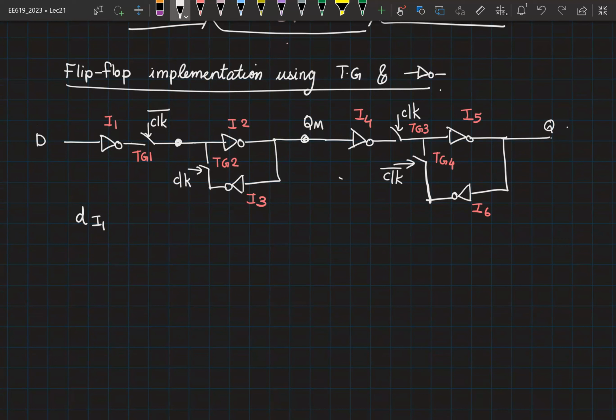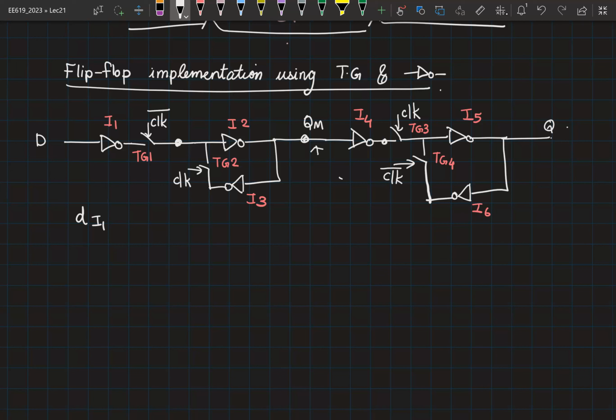So D to QM, is that sufficient? D to I4. Why I4? Okay, but if it reaches till QM, then you are sort of guaranteed that it will reach till I4 also, right? So what is the point that you have to be really careful about now?